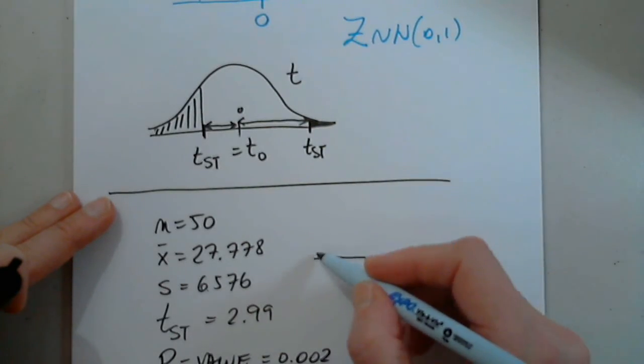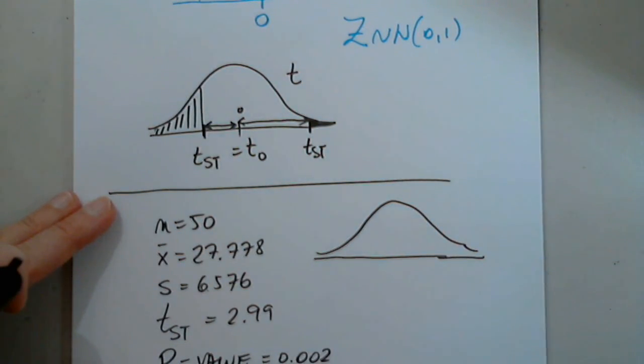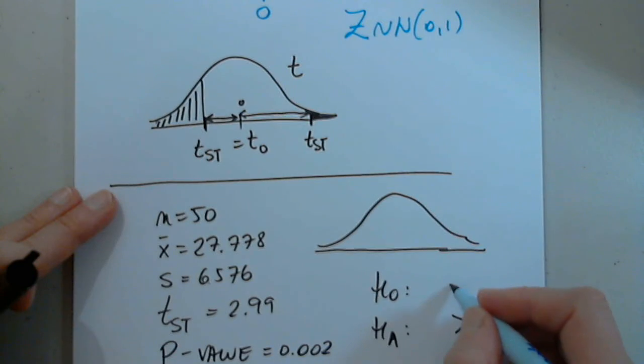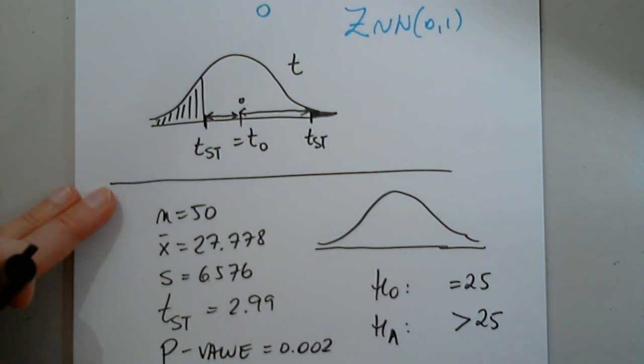So they're telling us the level of significance, 0.05. Always copy the level of significance. Determine the null and the alternative hypothesis. It says is more than 25. These are the key words, more than 25. So now the null hypothesis is mu equals 25, and the alternative hypothesis is mu greater than 25. The alternative hypothesis always tells us the direction.